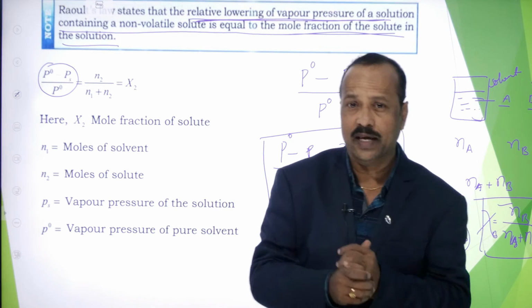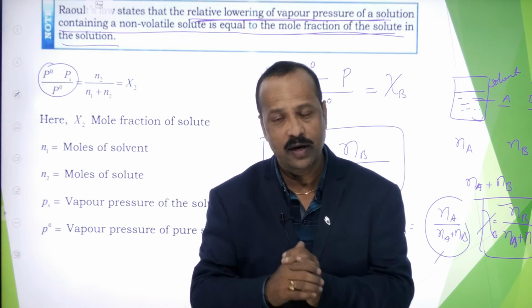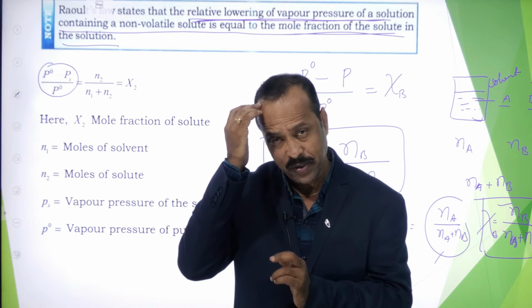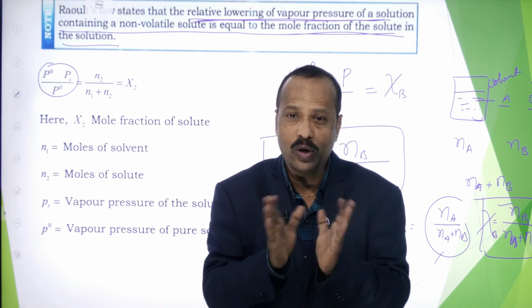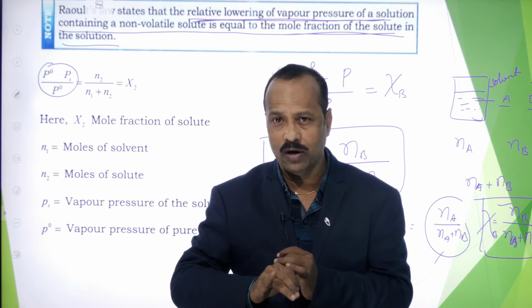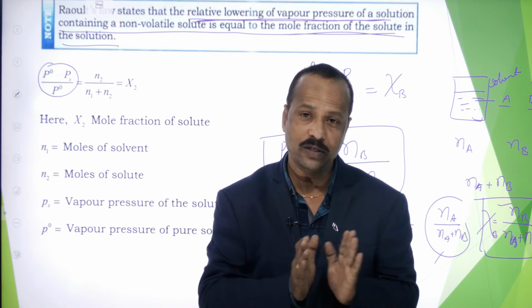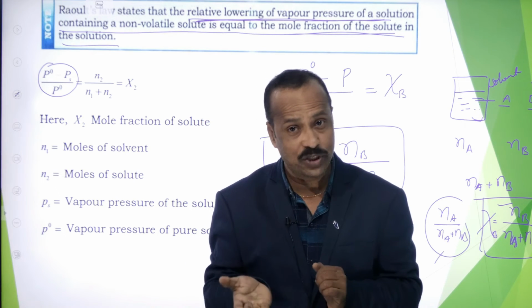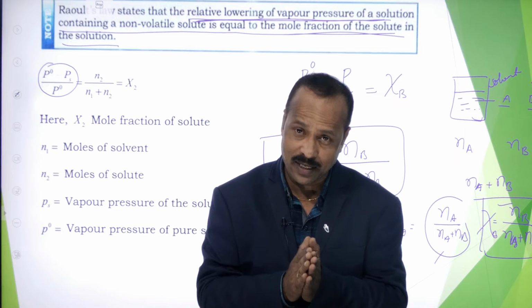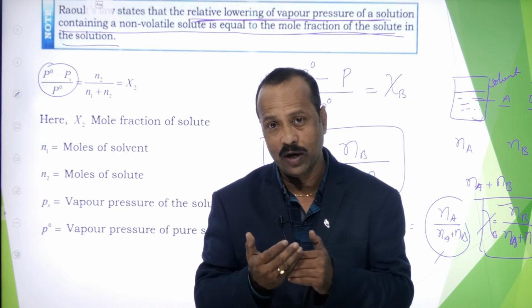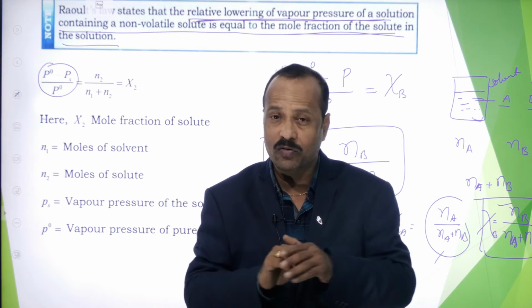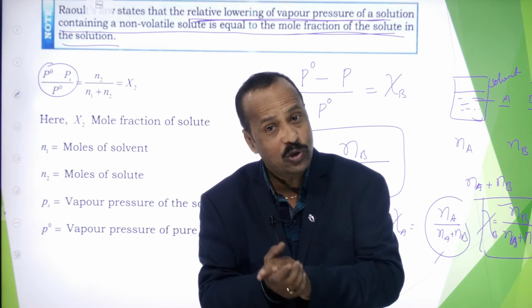Now, for example, if we take only one liquid, let's imagine water, the pressure exerted by only water is called the vapor pressure of the solvent. But if you take a mixture, if you add something to it, the surface will be occupied by the solute also.